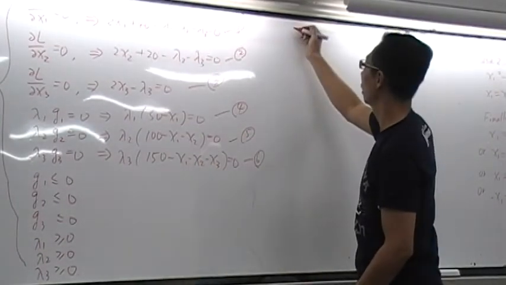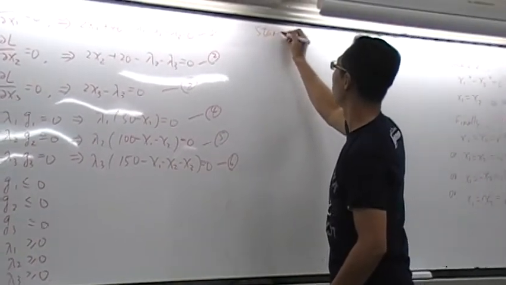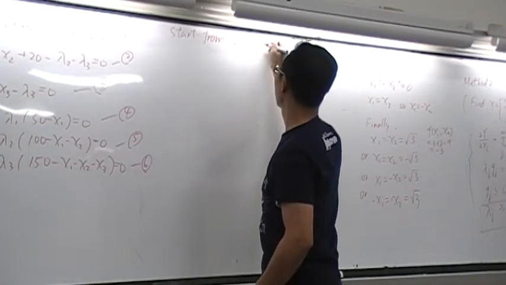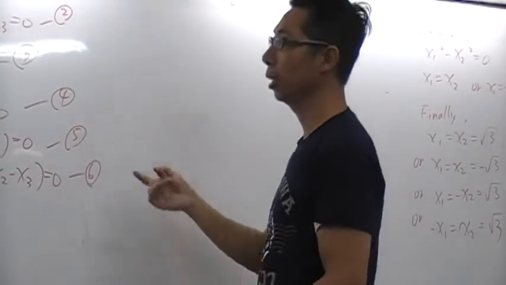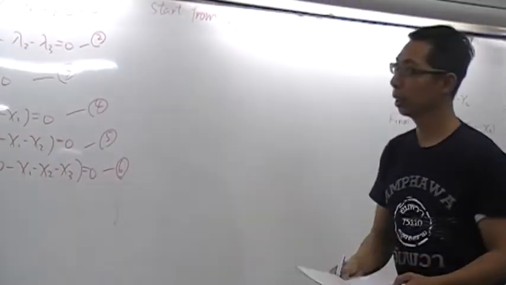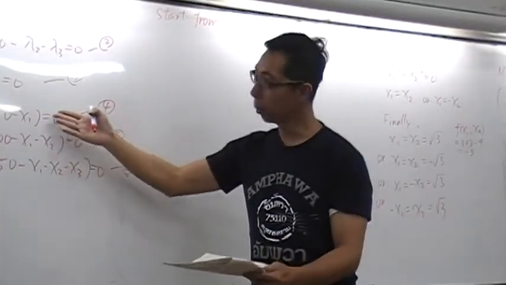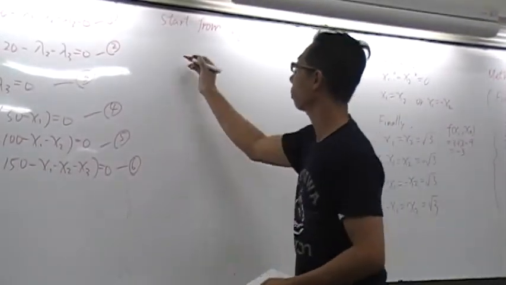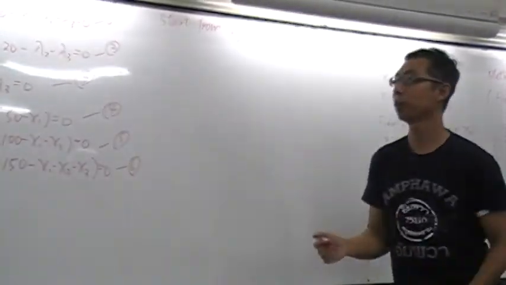Let's start from equation 4, okay? That is lambda 1 times 50 minus x1 equals 0, okay? So, again, we will have two cases, right?